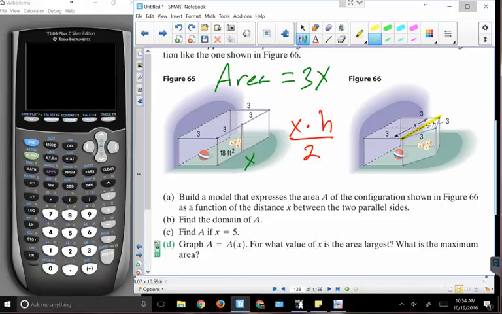When we're talking about the area being identified in terms of X, that means I put in something for X and I will be able to get out the area. Now we've got the area of the rectangular part, and the area of the triangular part. Now how am I going to figure out what this is?